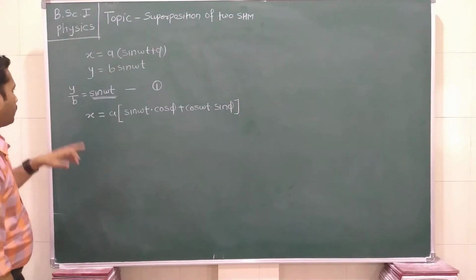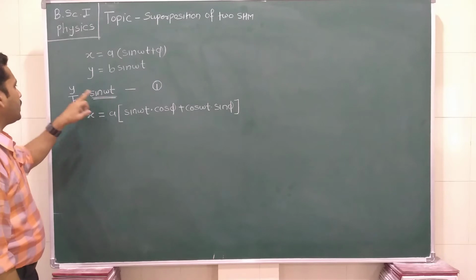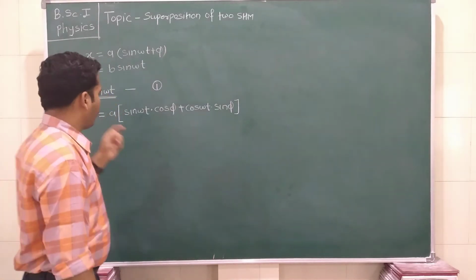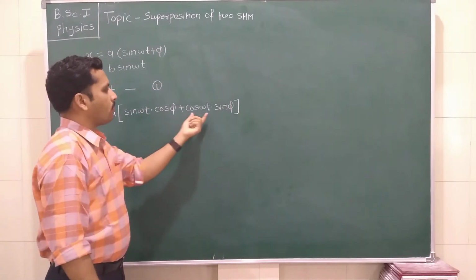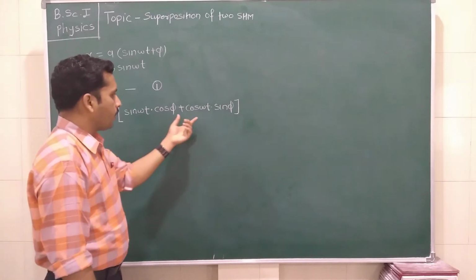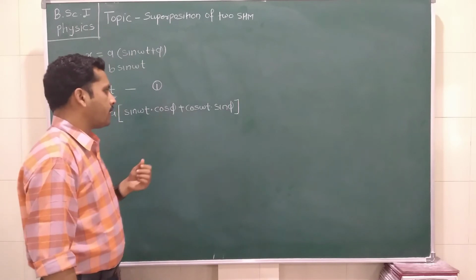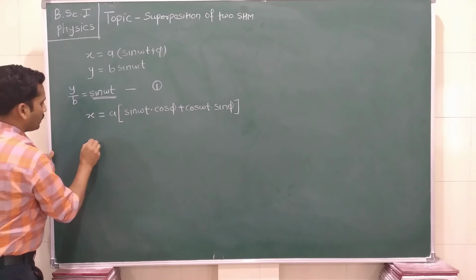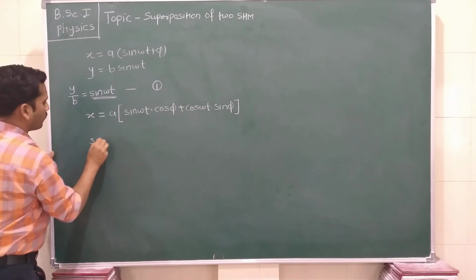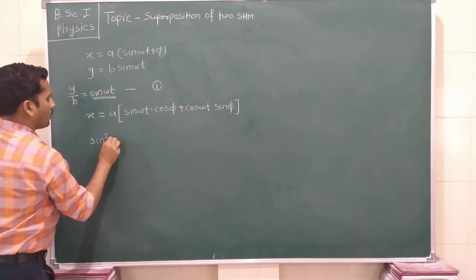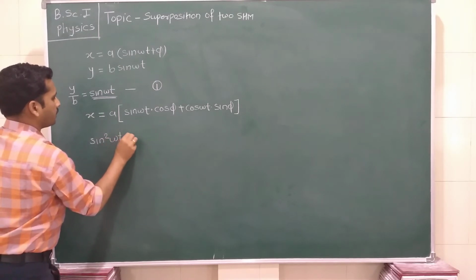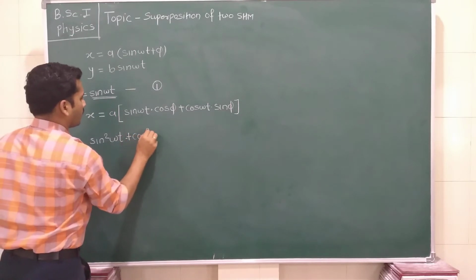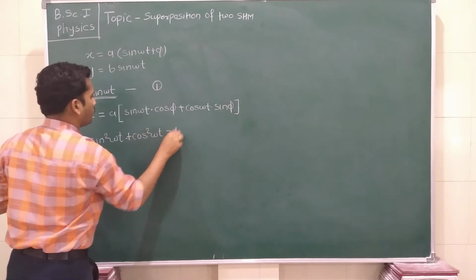Now we know that the value of sin omega t is equal to y by b, so in this expansion we need to find out the value of cos omega t. And how can we find the value of cos omega t? By using a simple relation, and that relation is sin square omega t plus cos square omega t is equal to 1.